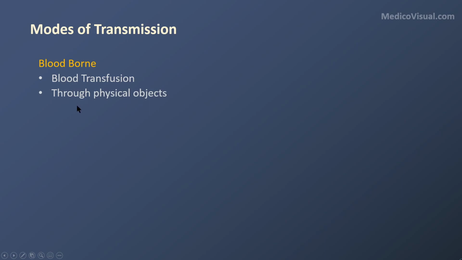This virus is quite sturdy and strong as compared to other enveloped viruses. I don't know the exact reason, but it is strong and it can survive for up to 7 days on a physical object. Let's suppose this is a hypodermic needle, and it is contaminated with this virus particle.